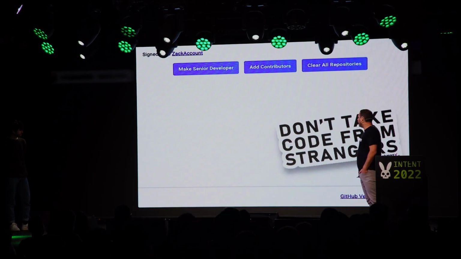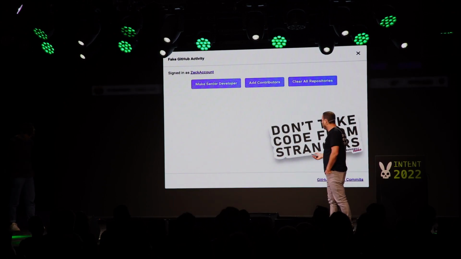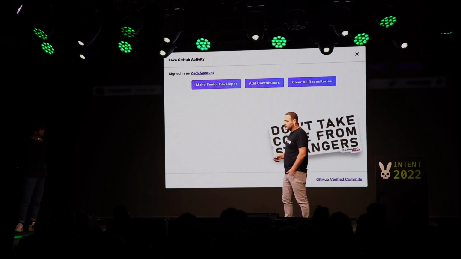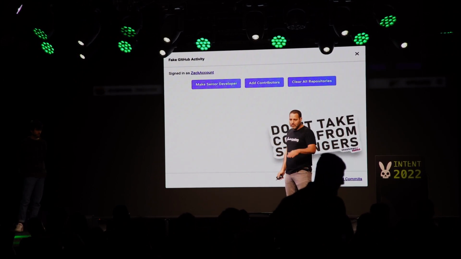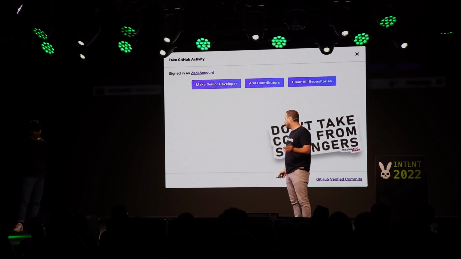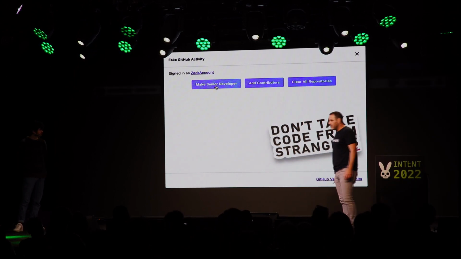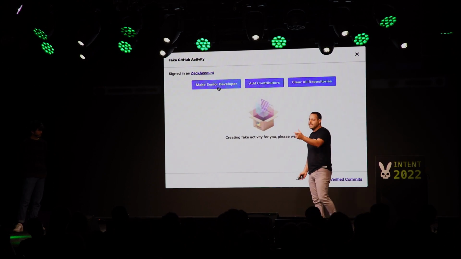Now I'm going to go back into what we call our Metasploit for open source attack, and we're going to create Zach as a senior developer. In one swift moment, I'm going to take Zach from earning little money to a lot of money. And that's easy. Basically, what I'm doing is committing a lot of commits and just manipulating the date.